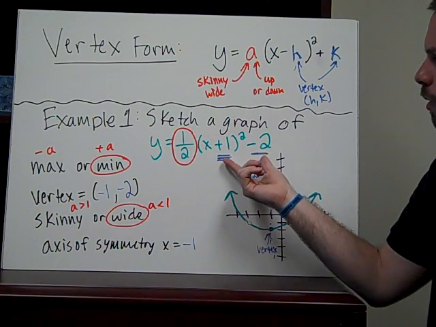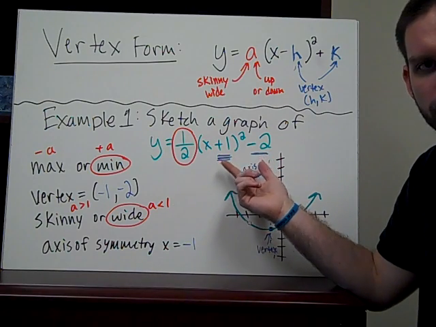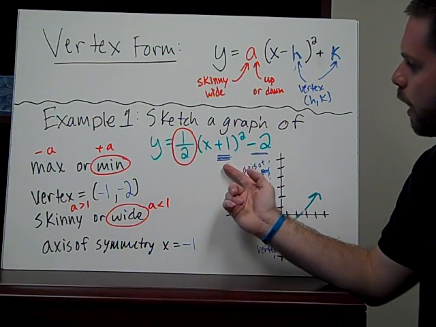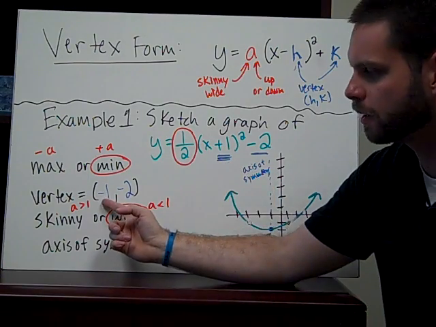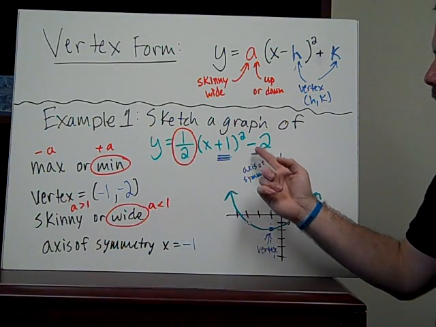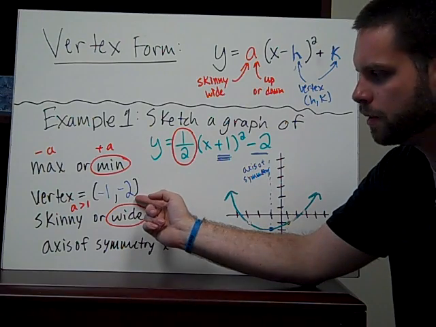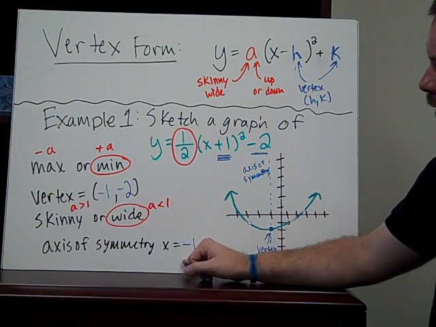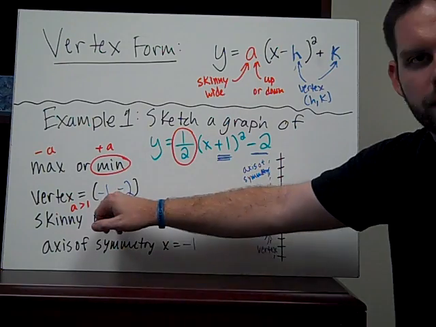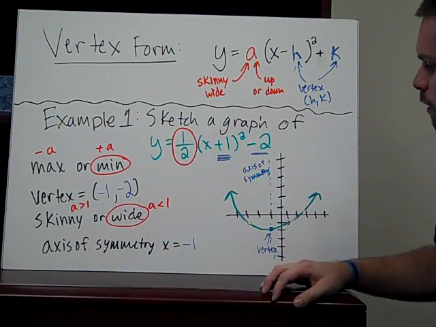The blue numbers tell us our vertex, so you do the opposite inside the parentheses, just like with absolute values. x plus 1, we do the opposite, we get x equals negative 1. The number on the outside stays the same, so minus 2 out here turns into negative 2 over here. The axis of symmetry is the same as the x part of your vertex.